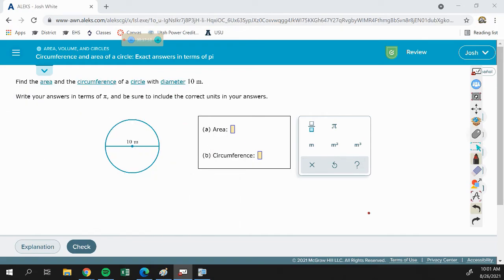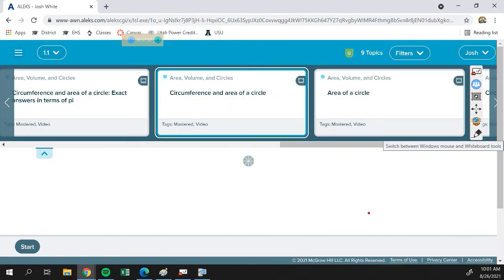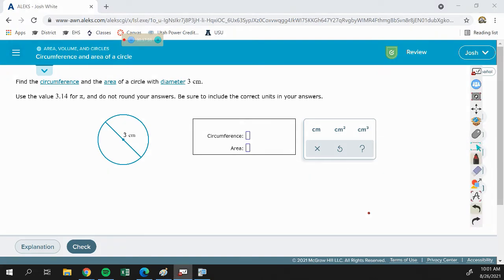Okay, next up. If I know, wait, this is the same basic problem, right? Oh, we're going to use 3.14. All right. So in this case, circumference is going to be 3.14 times 3 centimeters.